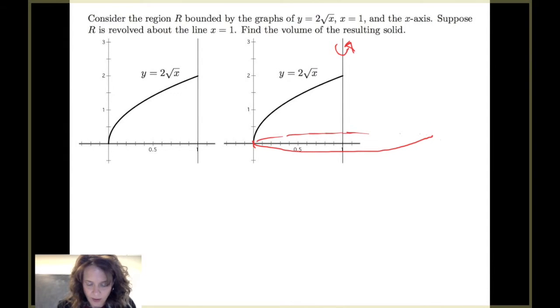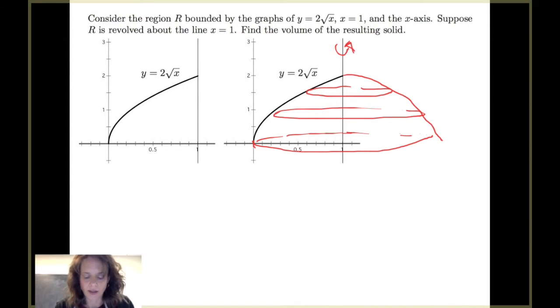We'll make a circular base, and I can think of circular cross sections at any slice that is perpendicular to that line x equals 1.